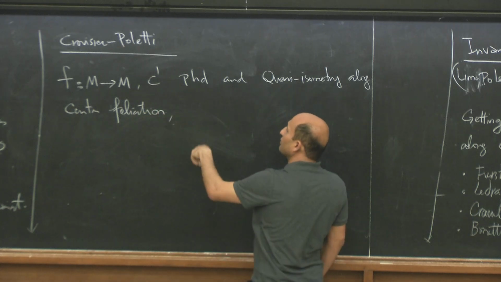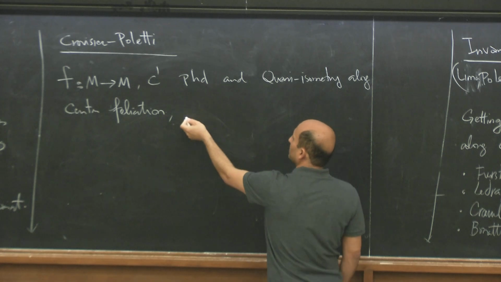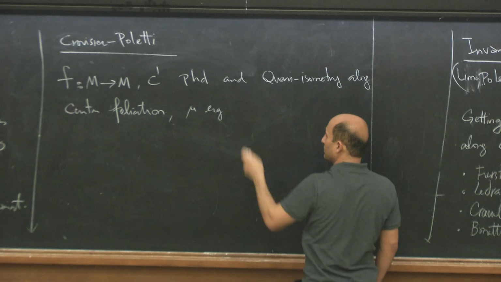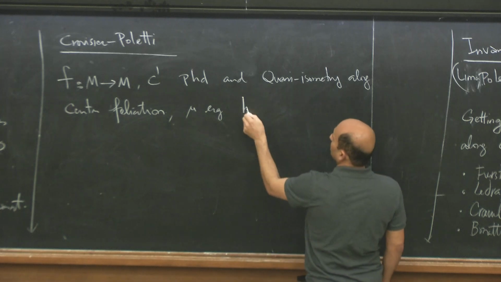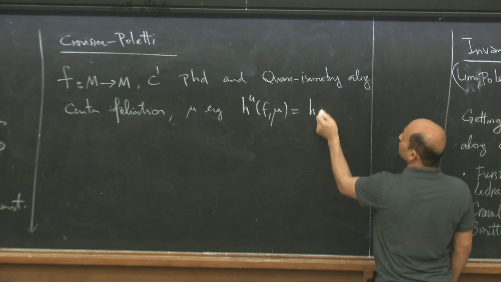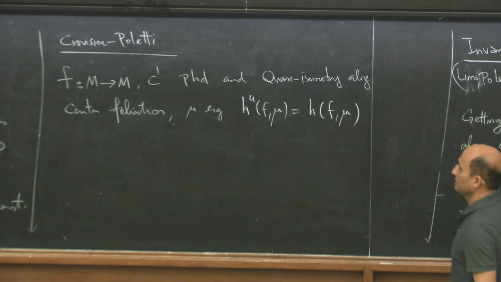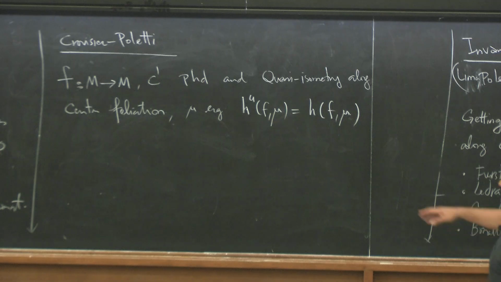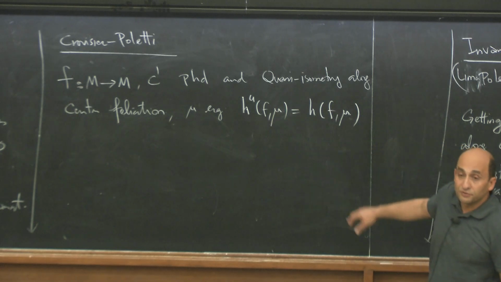So suppose that you have a measure mu which is invariant by F, and mu an ergodic measure, such that the U entropy of the measure is equal to the full entropy of the measure, okay? So here the unstable entropy is equal to the full entropy.